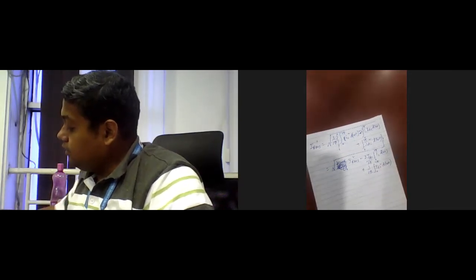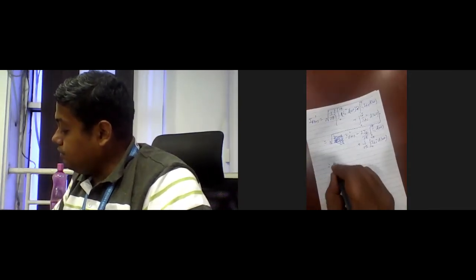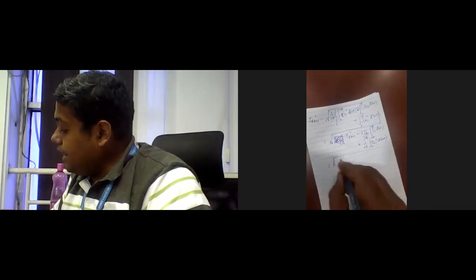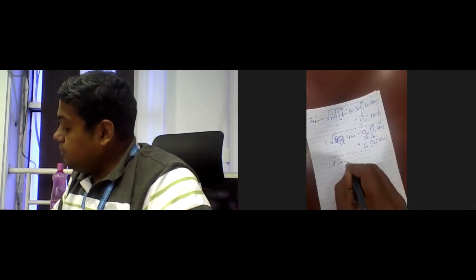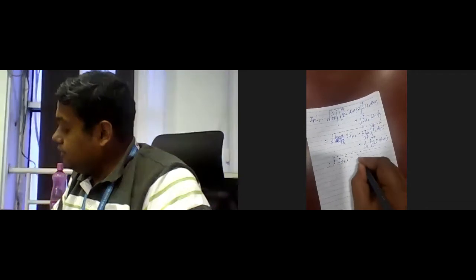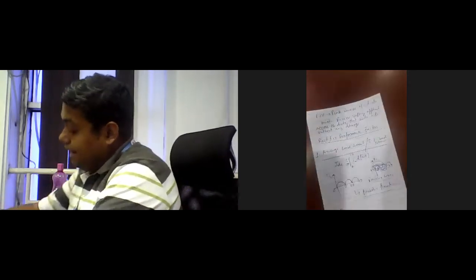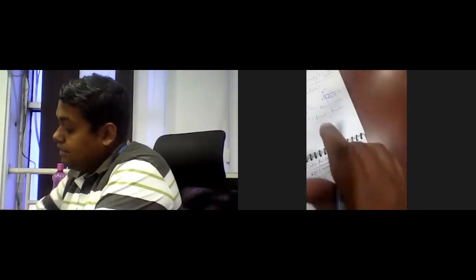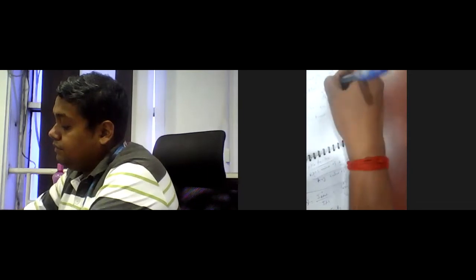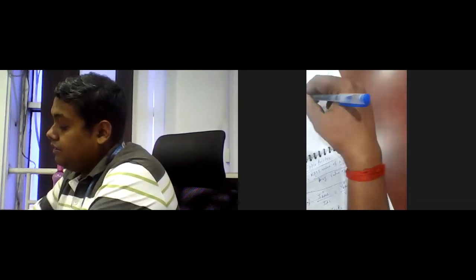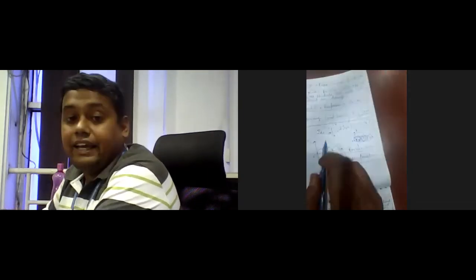So it is root over of I_RMS square minus 2 I_DC square, because this one, 1 by 2 pi integral 0 to 2 pi I_L d of omega t, that means this one, it is equation X. So this is the equation X.